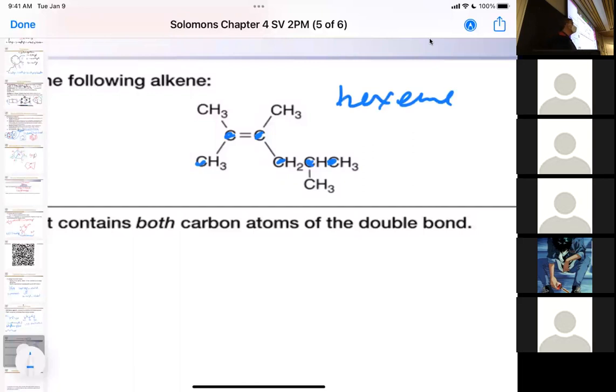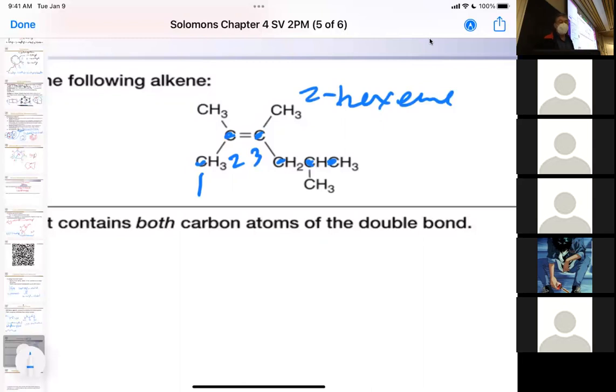So we just need to write the number of where the alkene begins. In this case, we're going to number from this side 1, 2, 3, because the alkene will have the lower number. If we numbered from the other side, the alkene would have the higher number. So this is going to make it 2-hexene. You only have to label the first carbon of the double bond, but the parent chain has to go through both carbons of the double bond.